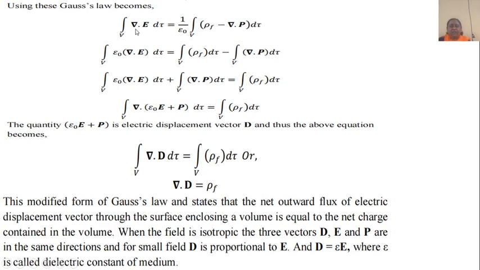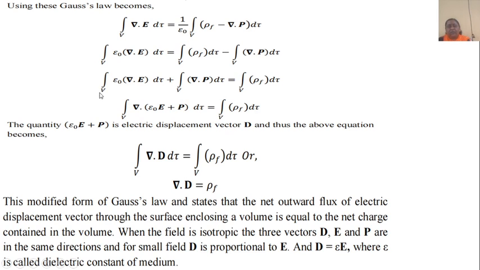integral over V del dot E d tau equal to 1 upon epsilon 0 integral over V (rho F minus del dot P) d tau. Now, integral over V epsilon 0 del dot E d tau equal to integral over V rho F d tau minus integral over V del dot P d tau.